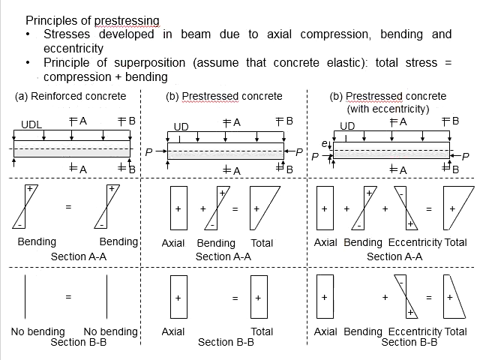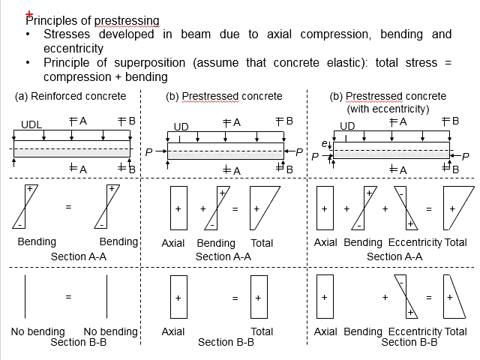This slide demonstrates the principles of pre-stressing. You know that pre-stressing is basically inducing stress onto the member so that it generates resistance to counteract the external load. The stress that develops in the beam can be due to axial compression, bending, and eccentricity.